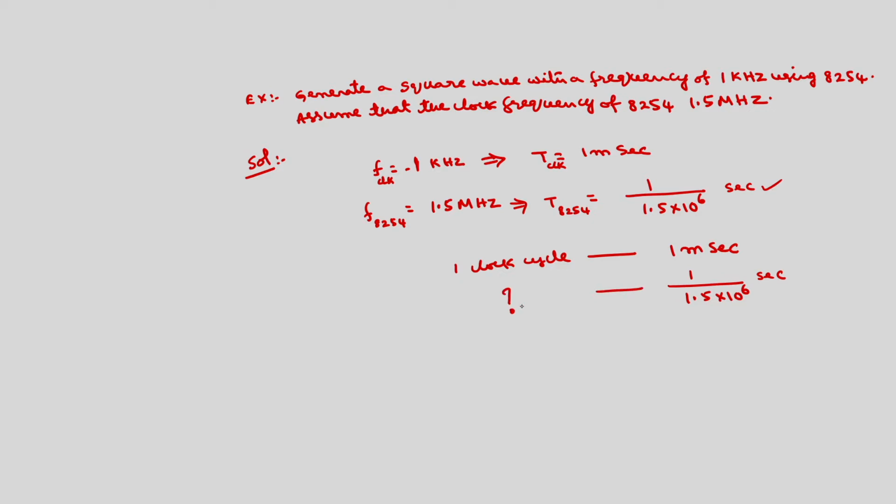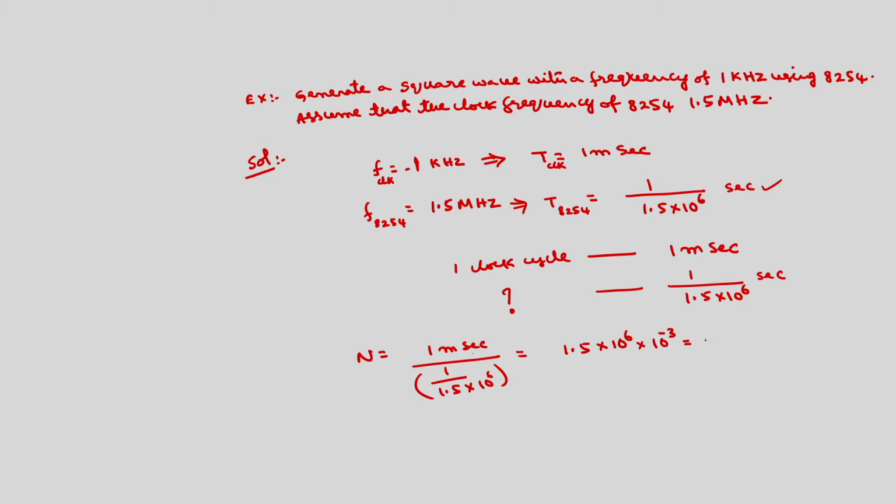Okay. So, the number of clock cycles n will be 1 millisecond divided by 1 by 1.5 into 10 raised to the power of 6. This will be equal to 1.5 into 10 to the power of 6 into 10 raised to the power of minus 3.